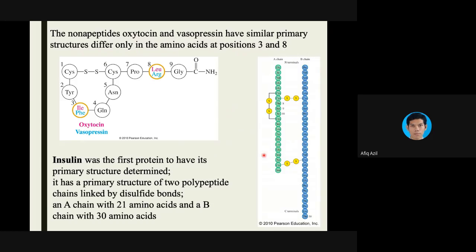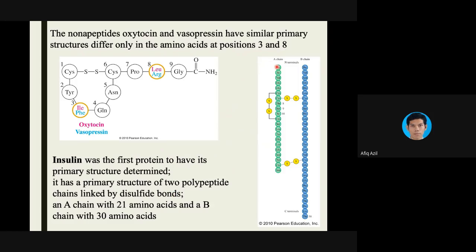And this is an example of the structure of insulin. Insulin was the first protein to have its primary structure determined. It has a primary structure of two polypeptides. You have one peptide, another peptide. When there are two, we call it polypeptide. These two peptides bond together through disulfide bonds.